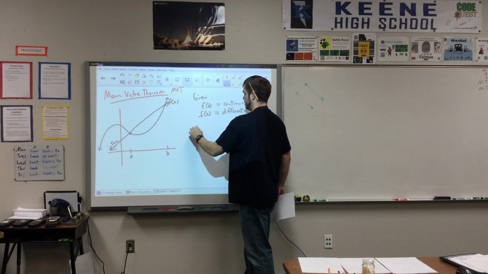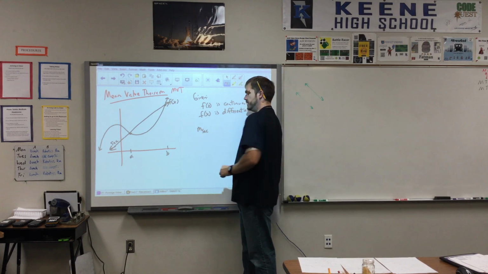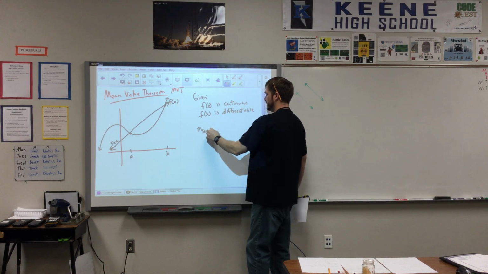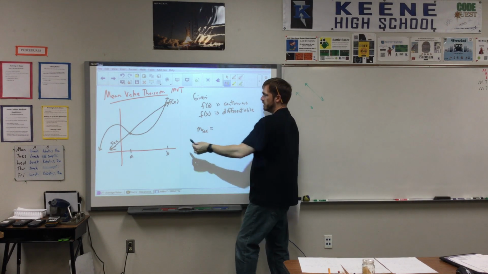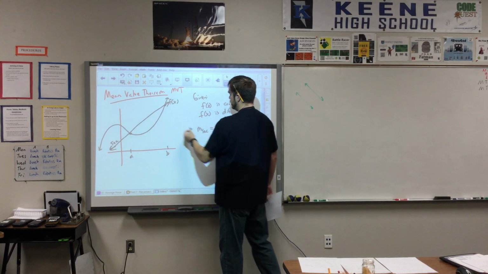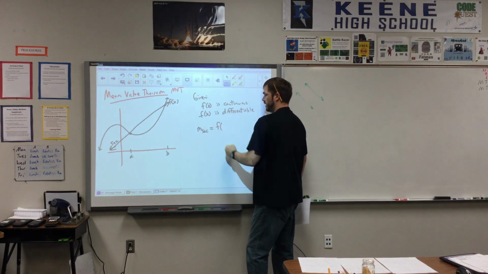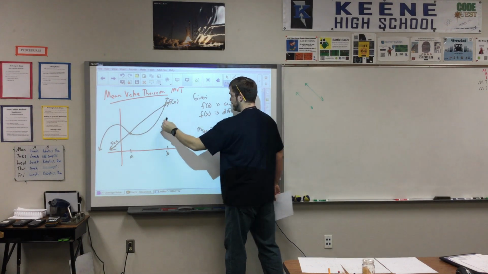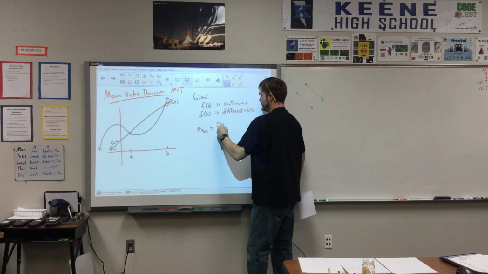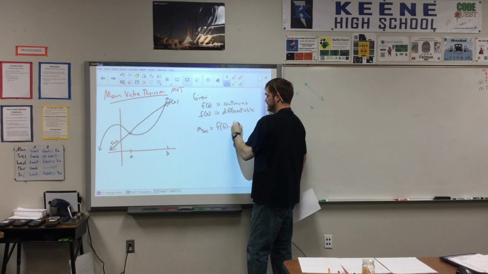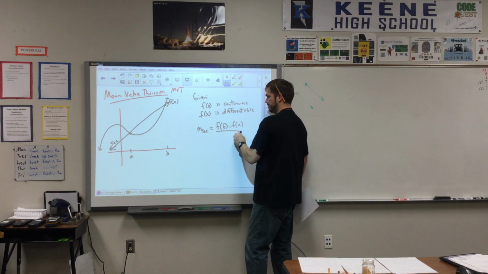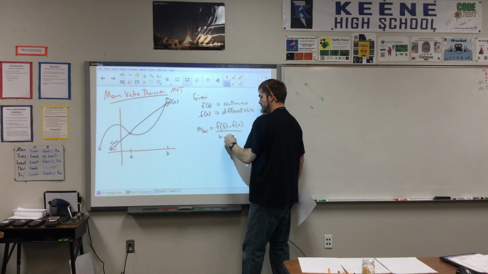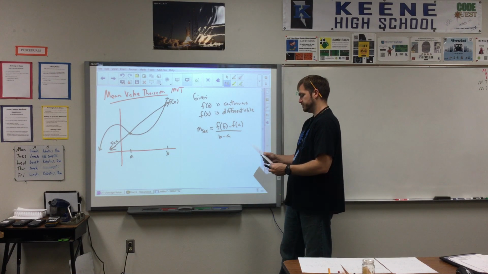I'll call that m secant for the slope of the secant line equals rise over run. So y2 minus y1 over x2 minus x1. So that's going to be f of b, which would be this value right here, minus f of a all over b minus a.